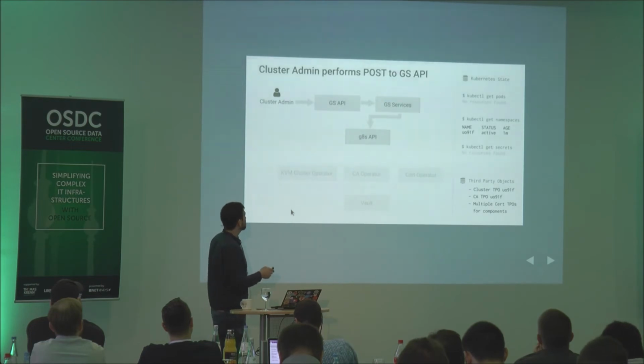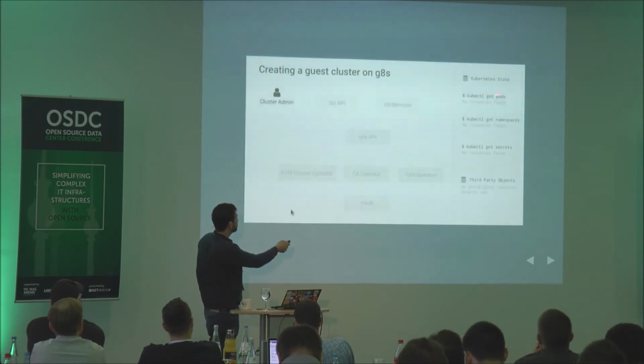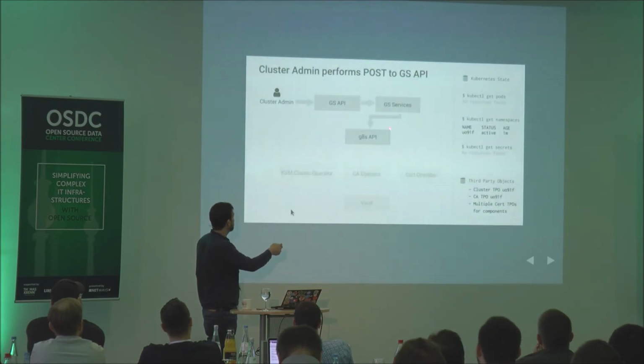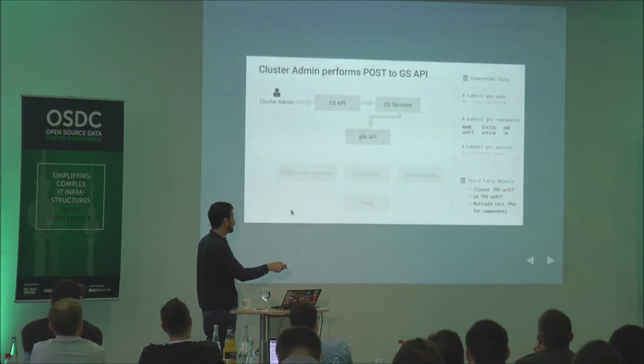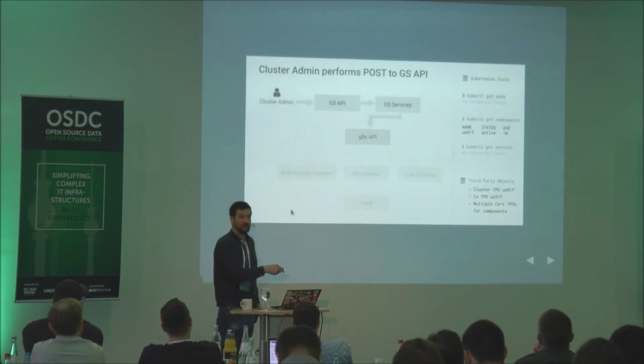Here you see everything is empty. This is the host cluster Kubernetes state, and then our services write a TPO to the Kubernetes API. So we create a cluster object, a CA object, and multiple objects for certificates.